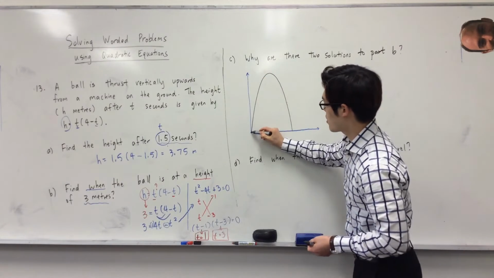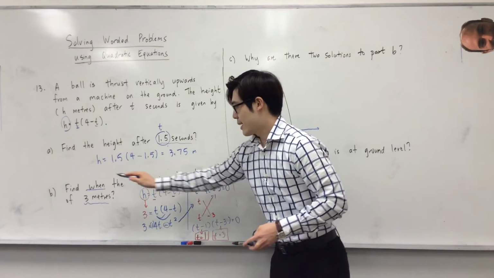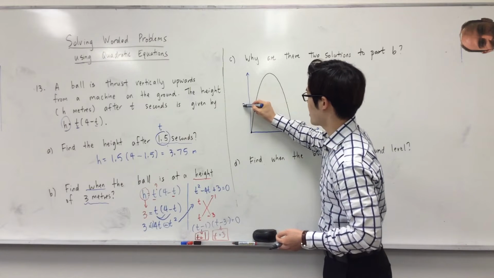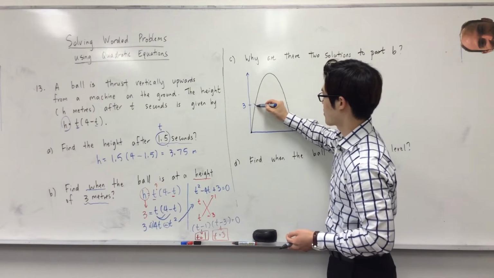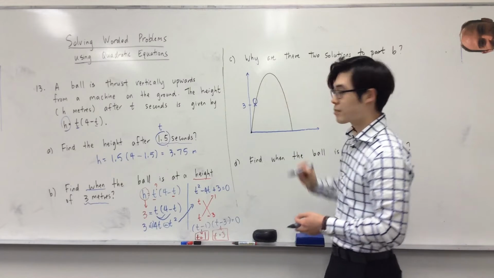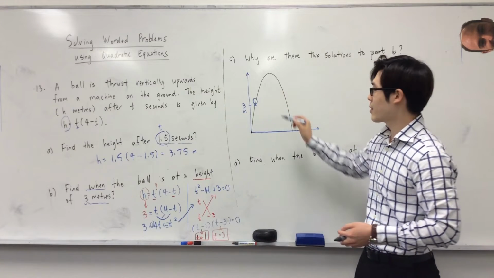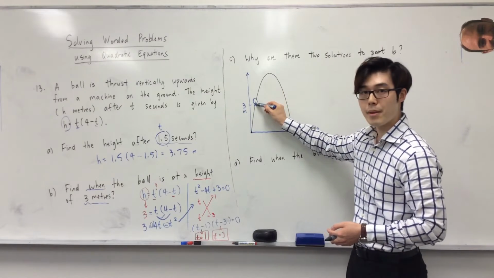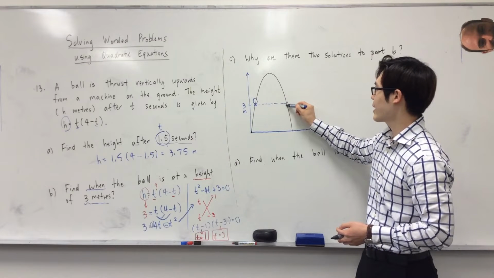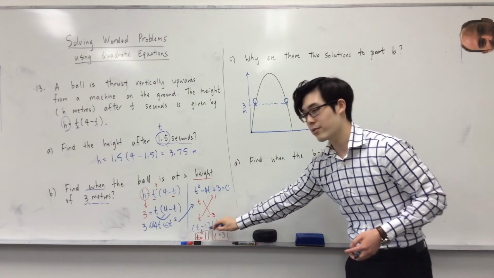So, this is where the ball starts. Now, find when the ball is at the height of 3 meters. Let's just say for instance, the 3 meters is at this point here. So let's say this is where the ball is, 3 meters. Can you see that it's also 3 meters up in the air here, but it's also 3 meters up in the air here. So this is why you've got two different answers.